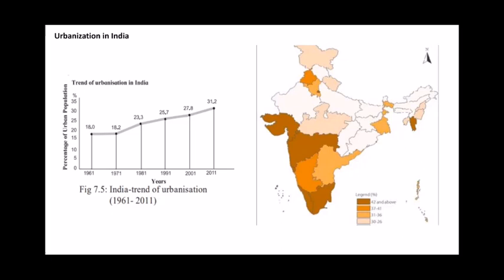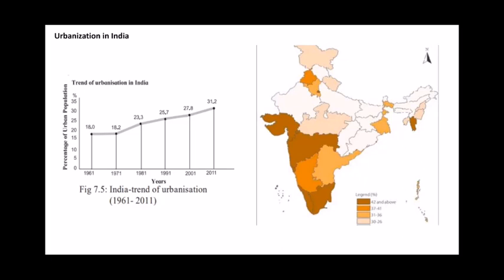And as it went on to 1971, after 10 years also, we couldn't see much urbanization happening. Just 0.2 points were added. That was the slowest urbanization that took place. The percent of urbanization in 1961 was 18%. The decade in which urbanization was the highest was 1971 to 1981.